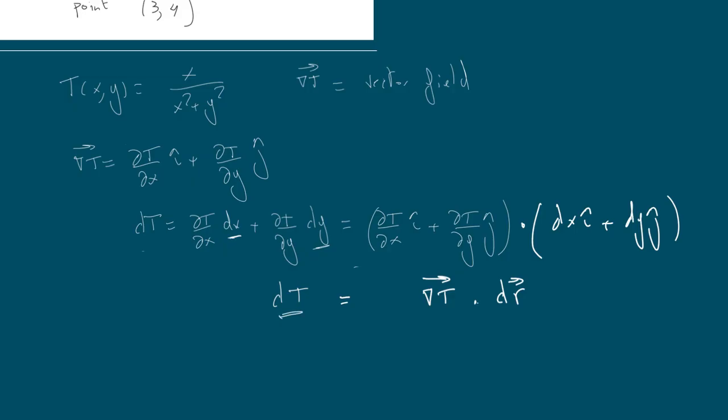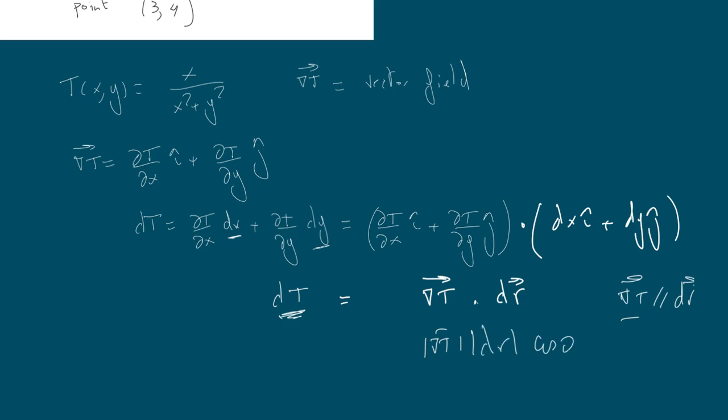dT will change the maximum when the gradient of T is parallel to dr. So the gradient of T is in the direction of maximum increase. Remember that the dot product is the magnitude of the gradient of T times the magnitude of dr times the cosine of theta.